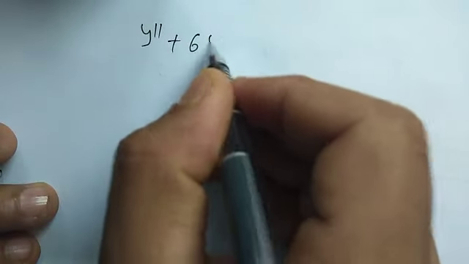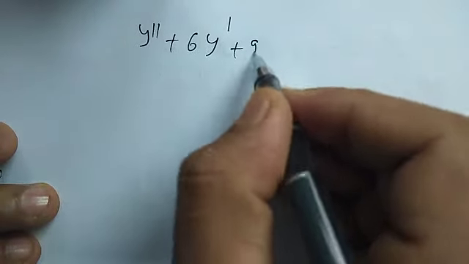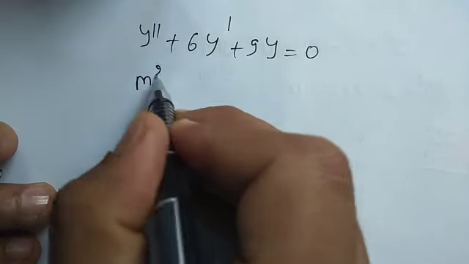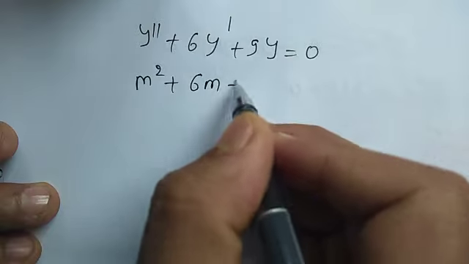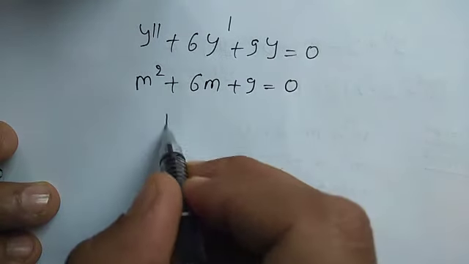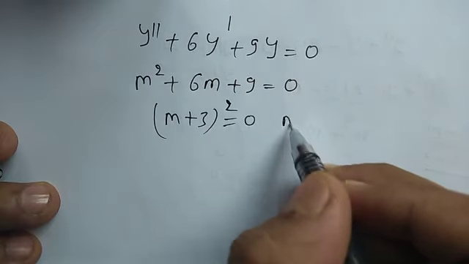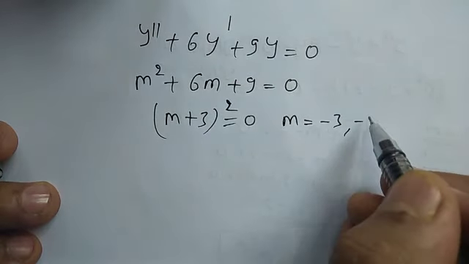Let us take one example of equal roots. The equation is y double dash plus 6y dash plus 9y equal to 0. The auxiliary equation will be m square plus 6m plus 9 equal to 0. So this is (m plus 3) whole square equal to 0, so m equal to minus 3, minus 3.